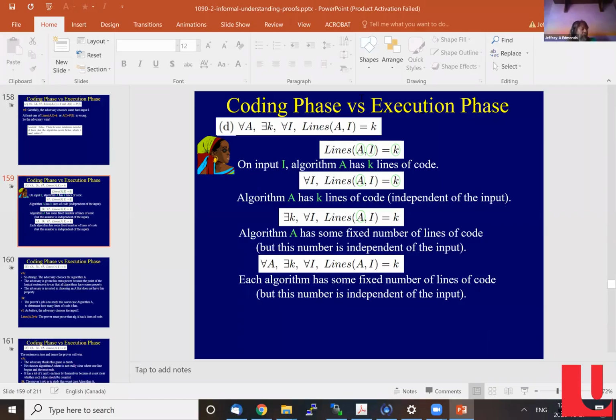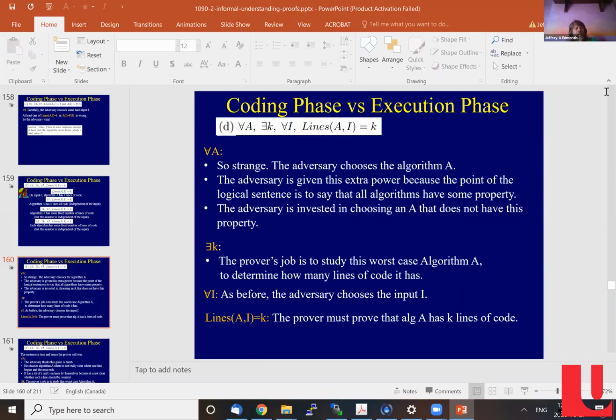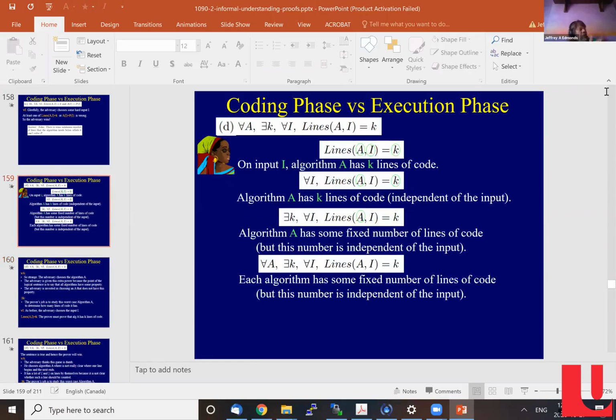The proof goes forwards, and the understanding seems to go backwards. The game goes forwards, right?